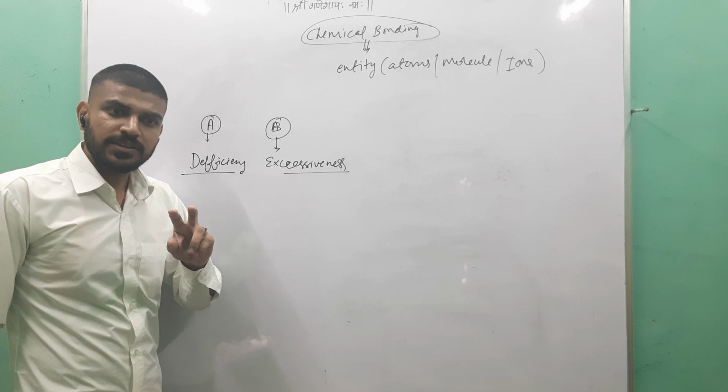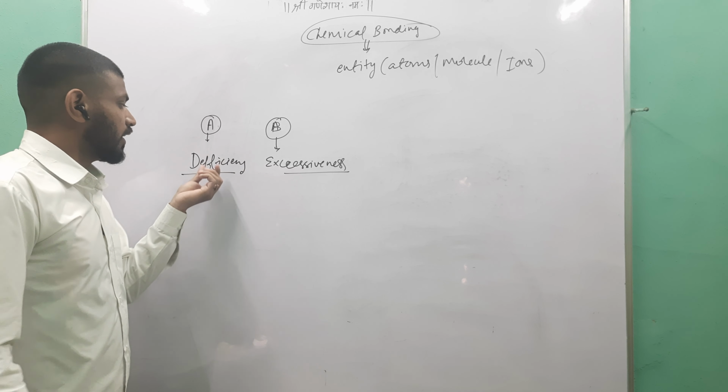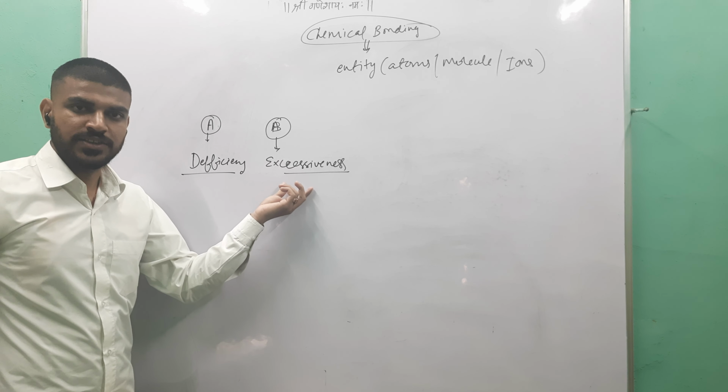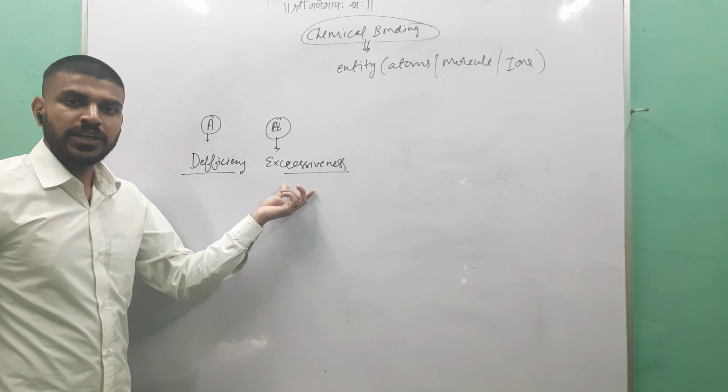If two species, one deficient and one in excess, come together, they can become neutral.